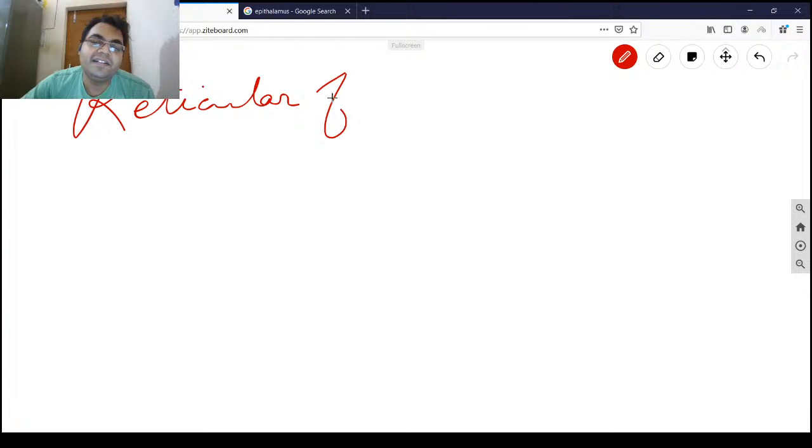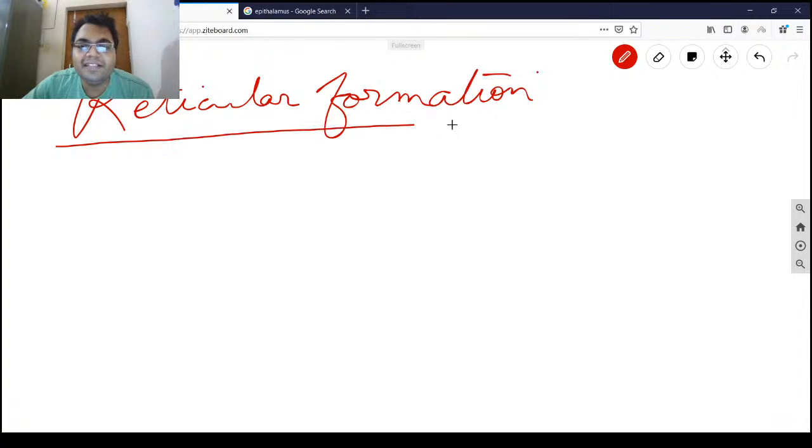Okay, reticular formation. And once you have that reticular formation, again, what I'm trying to tell you is it extends from the top of the spinal cord, or the superior part of the spinal cord, throughout the brain stem, and it will end at the end of the diencephalon.